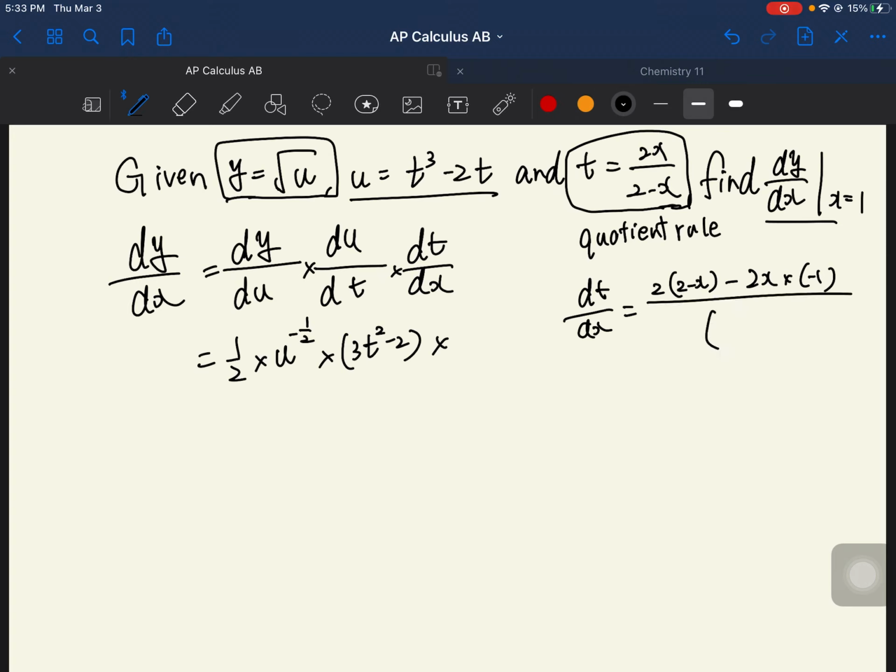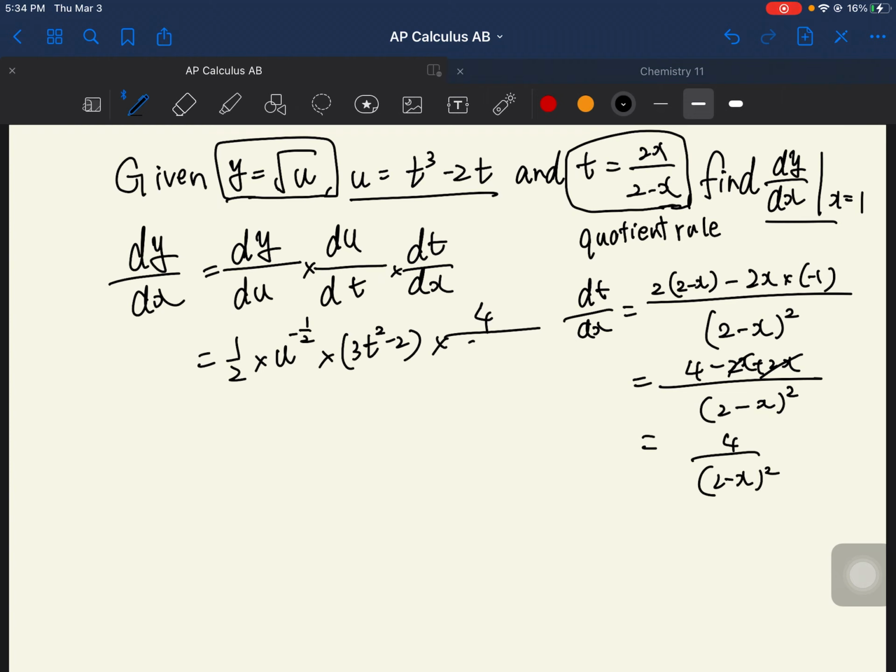2 times (2 minus x) minus 2x times negative 1, over (2 minus x) to the power of 2, and 4 minus 2x plus 2x over (2 minus x) squared, which is, oh, this one is x actually, then cancel out, 4 over (2 minus x) squared.